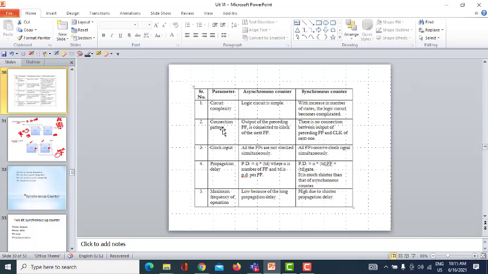The output of your preceding flip-flop is connected to the clock of the next flip-flop. That is your asynchronous counter. Whereas in a synchronous counter, the output of the preceding flip-flop is not connected to the clock of the next one.